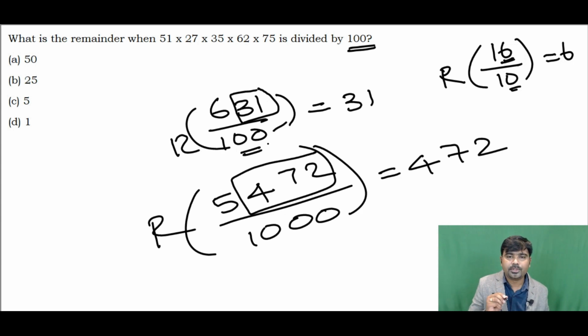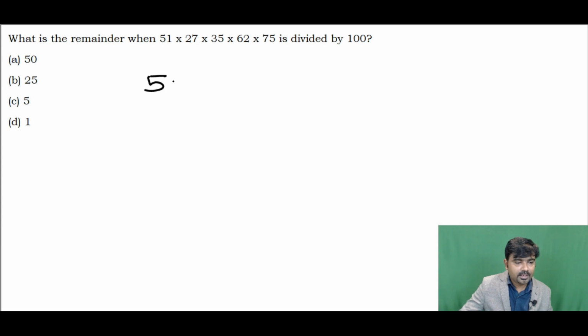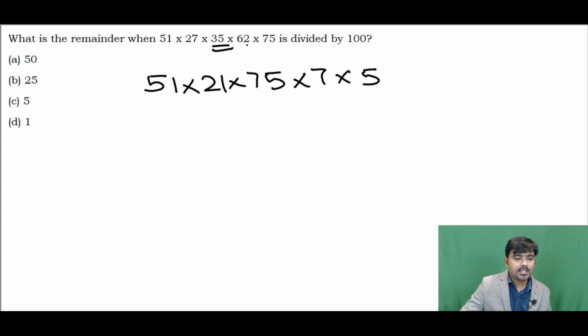So in this question you need to find the last two digits. I'll teach you how to find the last two digits in 2 seconds. Keep 51 here itself, 27 here itself, and 75 here. 35 can be written as 7 into 5, right? 62 can be written as 2 into 31, right?